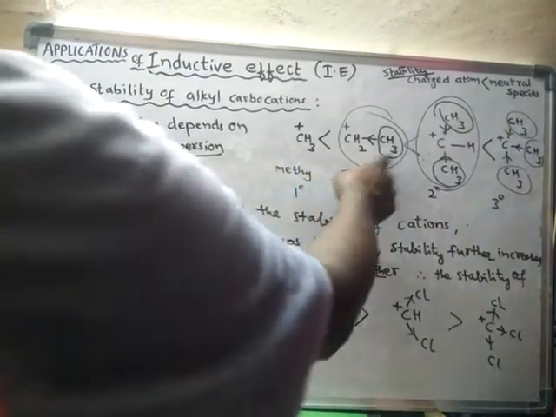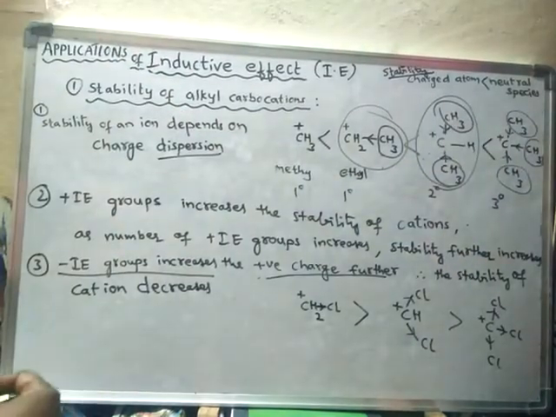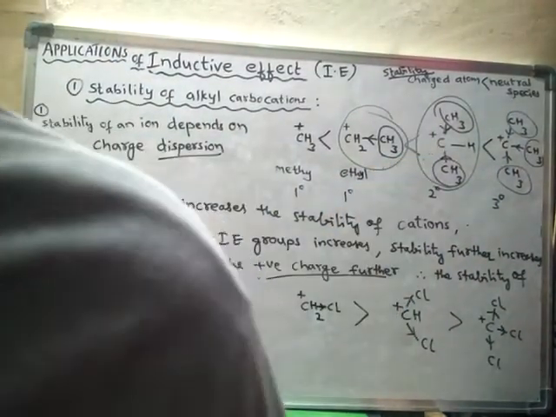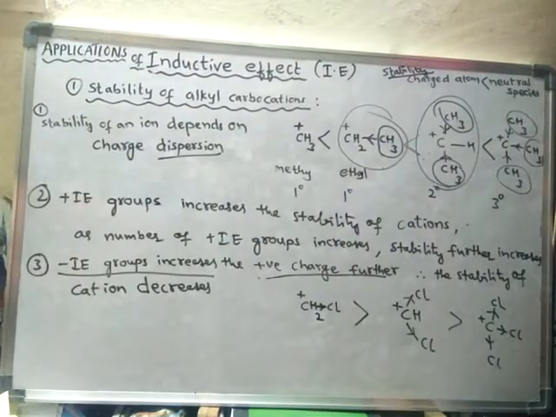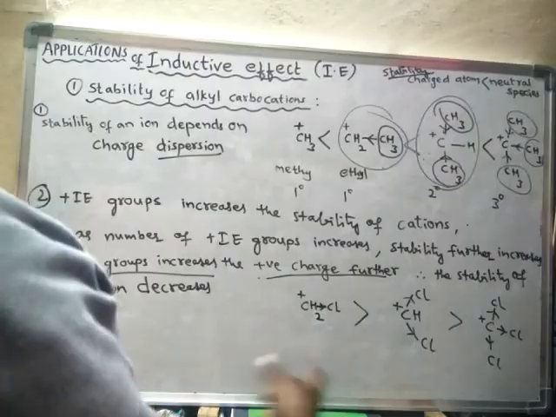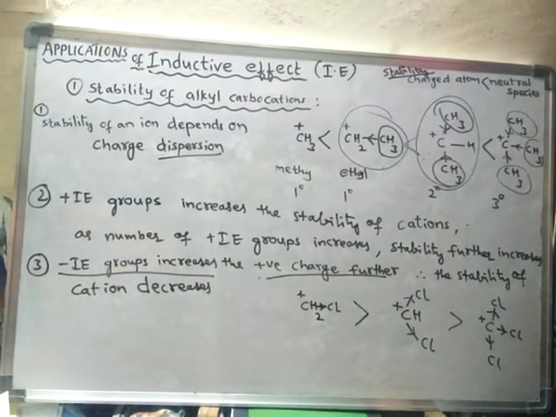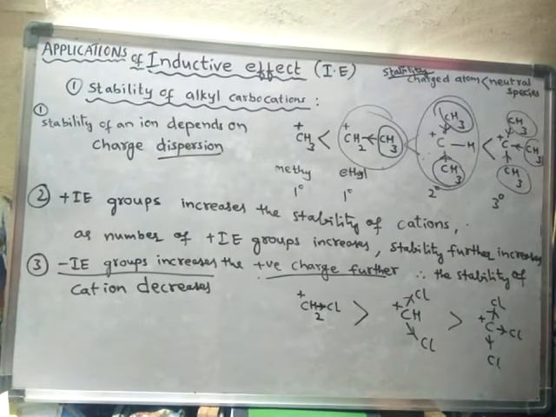With an increase in the number of attached plus IE groups to the carbocation, the stability increases. Whereas here, when the number of minus IE groups attached to the carbocation increases, the stability will decrease. So like this, the stability of alkyl carbocation can be explained.